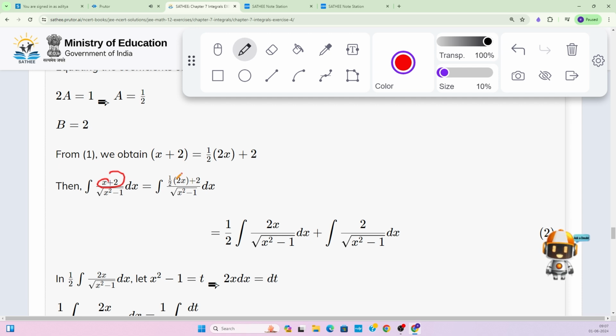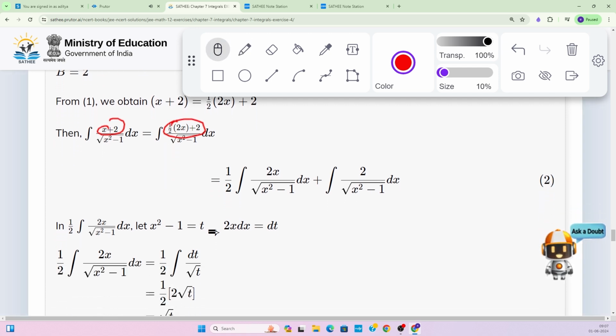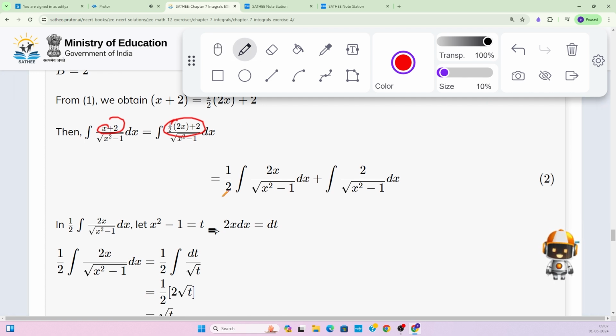Rewrite your numerator in this form. After you replace and separate them, you are integrating half of the integral of 2x divided by root of (x square minus 1), plus 2 divided by root of (x square minus 1), dx.